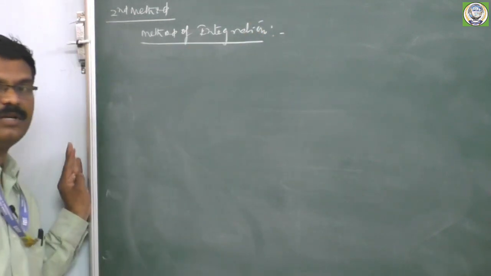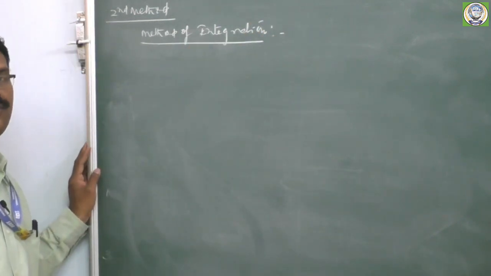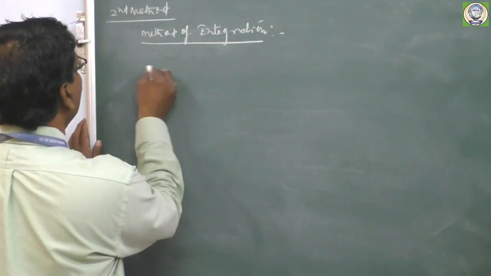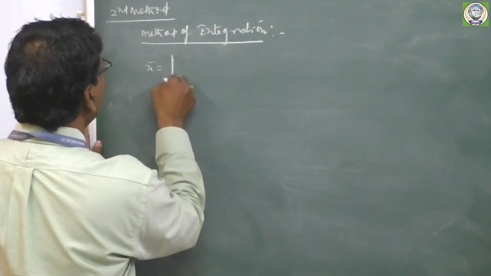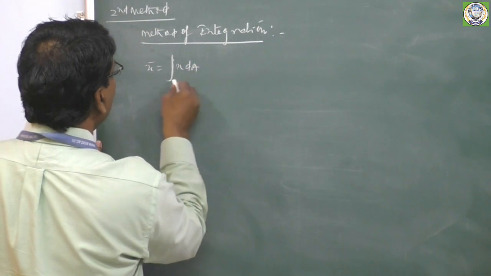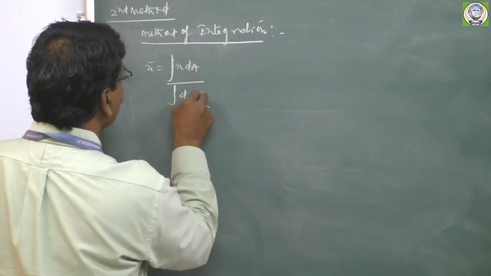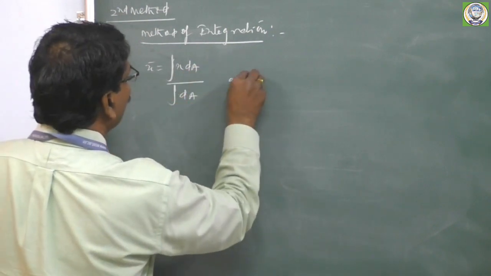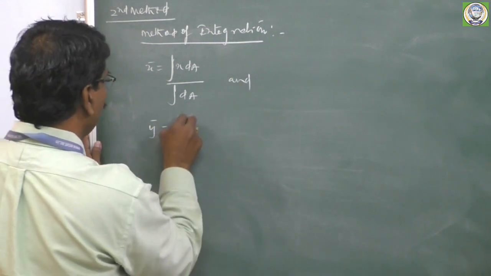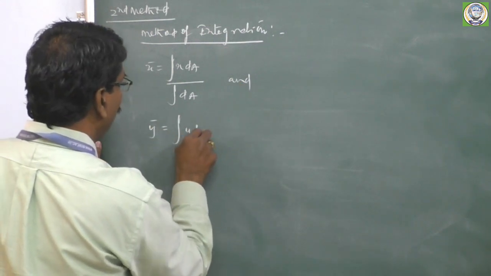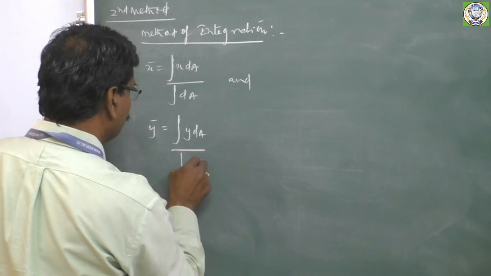In this method of integration, we have specific formulas to find x bar and y bar. That is, x bar is equal to integral x dA by integral dA and y bar is equal to integral y dA by integral dA.